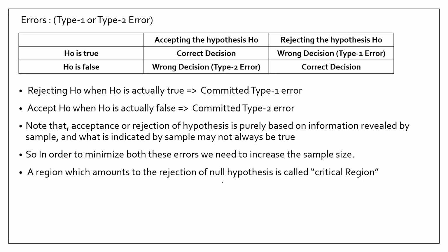So the critical region, where we reject the null hypothesis, we denote with Z alpha by 2 for a two-tailed test, and for a one-tailed test we denote it with Z alpha.